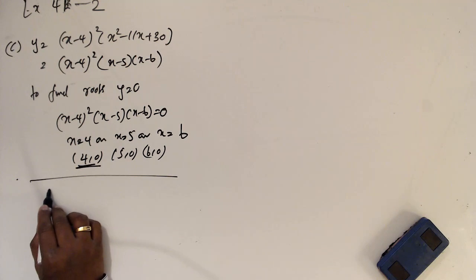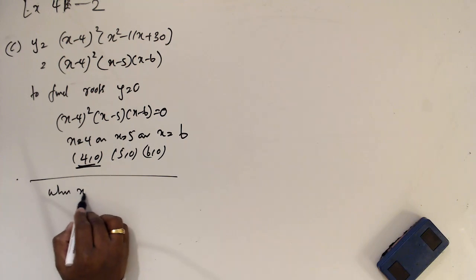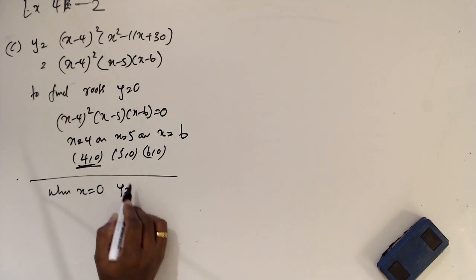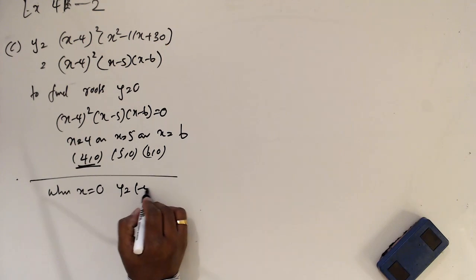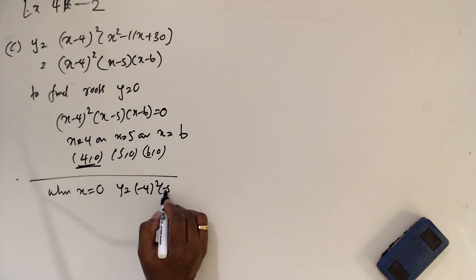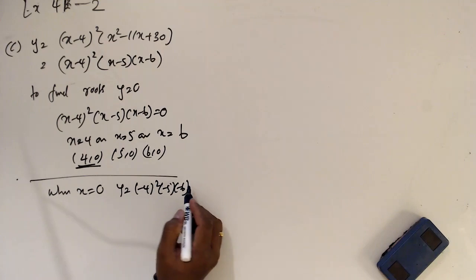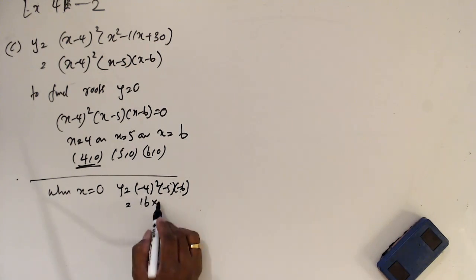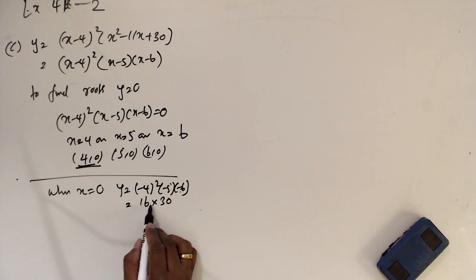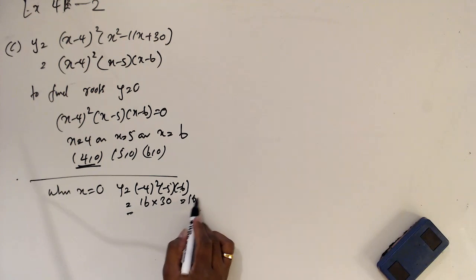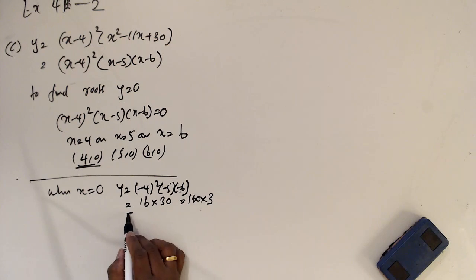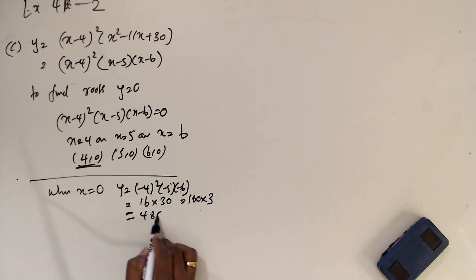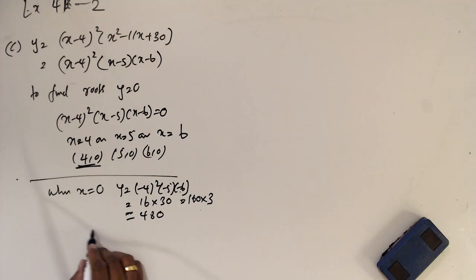When x equals 0, y equals, I apply here, (-4) squared times -5 times -6. 16 times 30, 160 times 3, which is 480. So (0, 480).